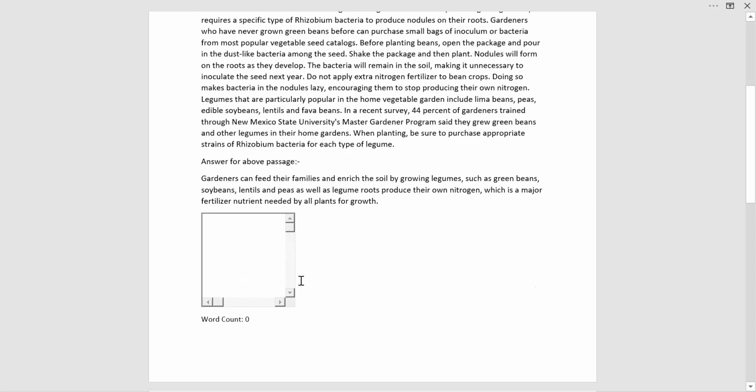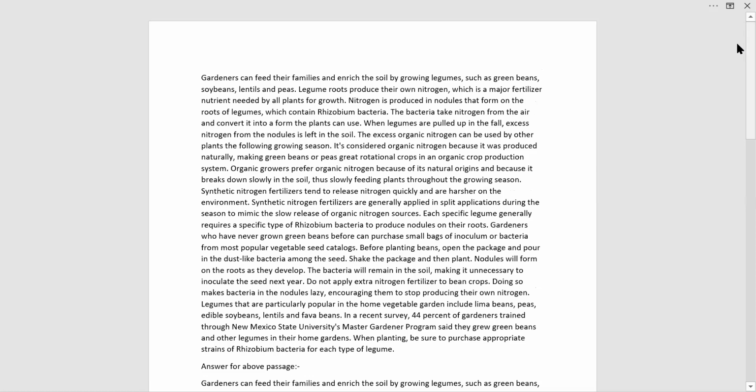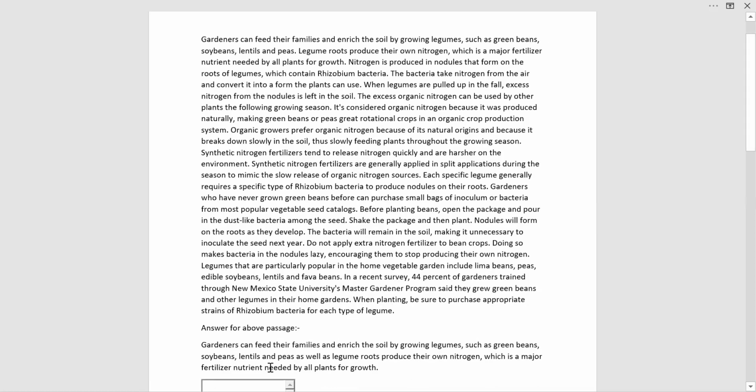All right. So as you can see on the screen right now, I have written down the answer for you. So the passage you are looking at, if suppose it's going to be in your exam, you see here the first one I picked up as the first sentence from there, right? So the next is legume roots produce their own nitrogen. That's what they are talking about in this particular area, right?